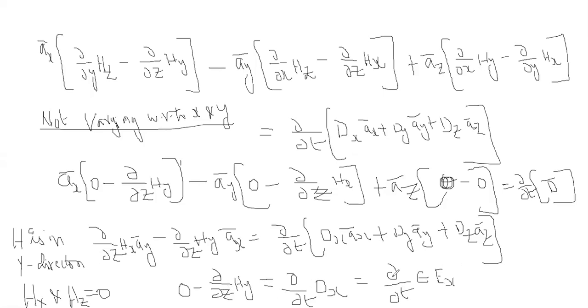Minus dou by dou z of hy is equal to dou by dou t of epsilon into ex, or otherwise we can write it as dou by dou z of hy is equal to, here already the minus is there in the left hand side, now I'm writing in the right hand side, minus epsilon dou by dou t of ex. The one equation.